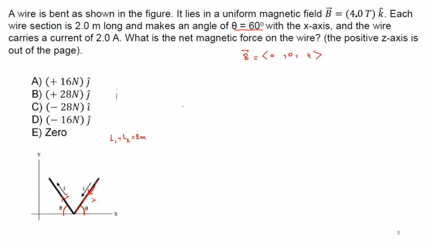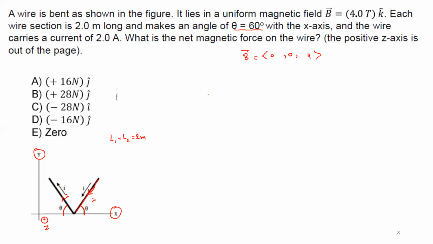And the question is simple. What is the net magnetic force on the wire? So this is my positive x-axis, this is my positive y-axis. So Z is pointing out of the page towards you, positive.